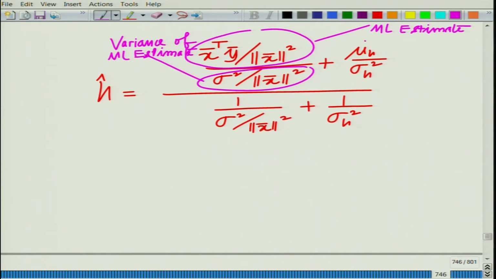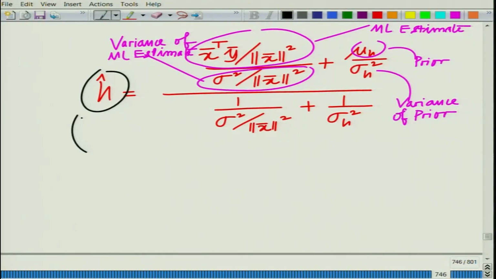And this quantity is the prior, and this is the variance of the prior. Or the prior mean, right. And now, if you look at it, what it is doing is this is basically your MMSE estimate, right. This is essentially what we are calling the MMSE estimate.